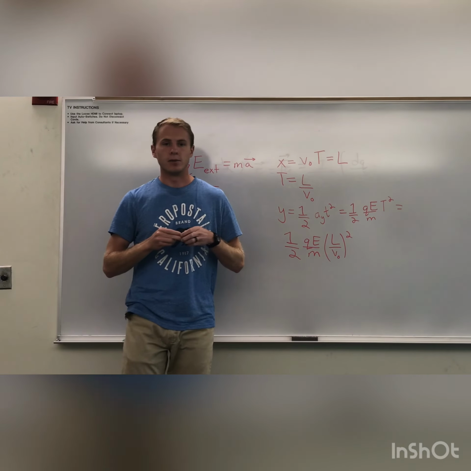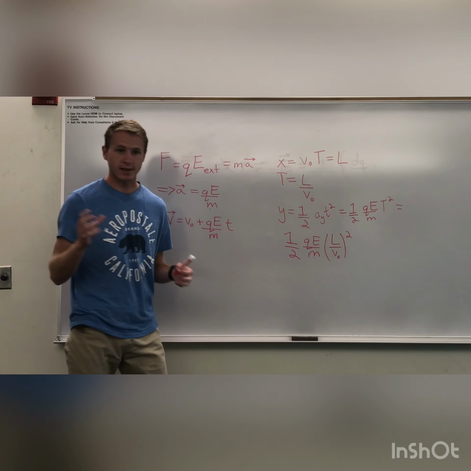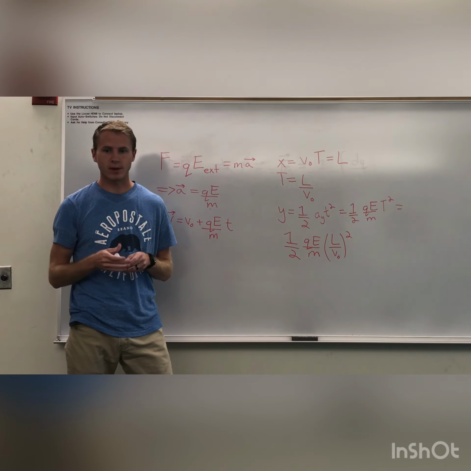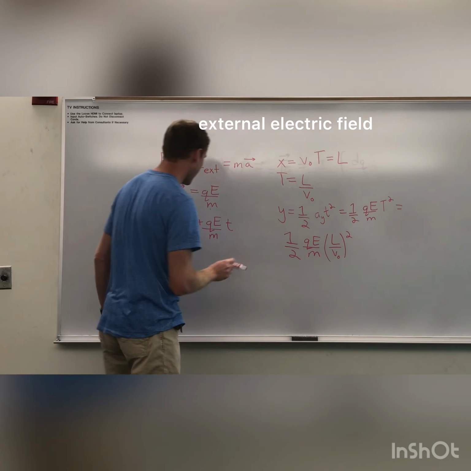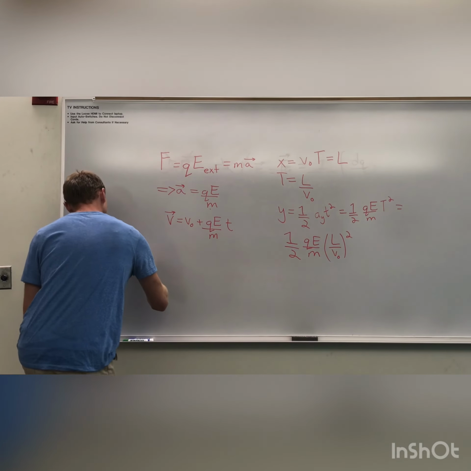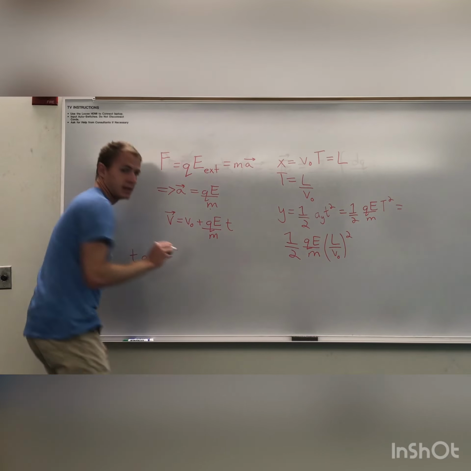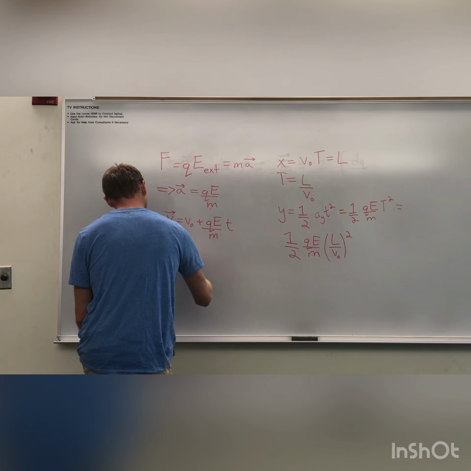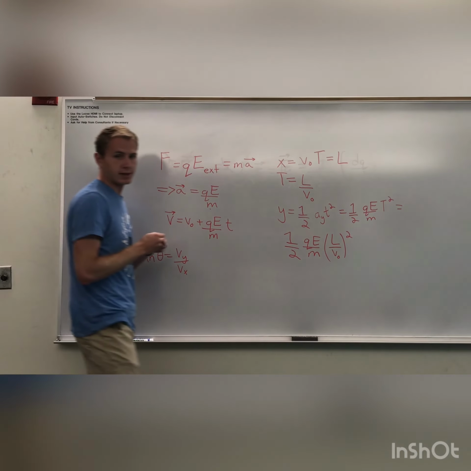So we've been finding these x and y components because we're trying to find the angle of a particular charge traveling in an external electric field. And this leads us to have the tangent of theta equal to, so now we have the y component of v and the x component of v, and we can plug these in.